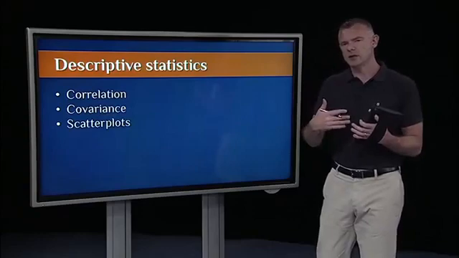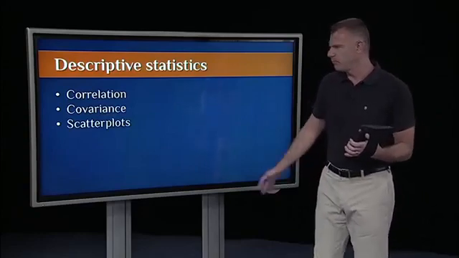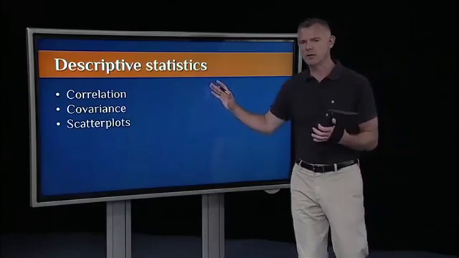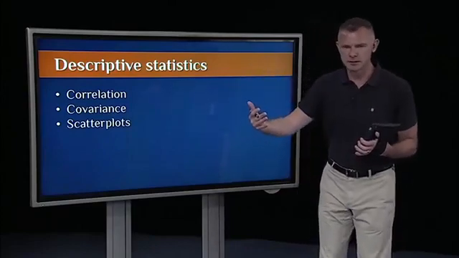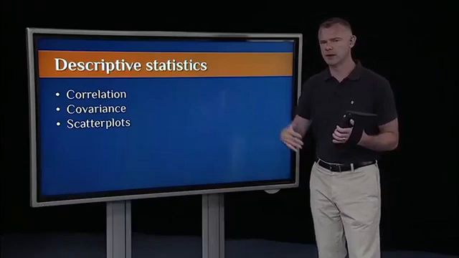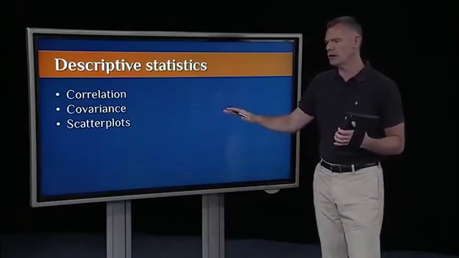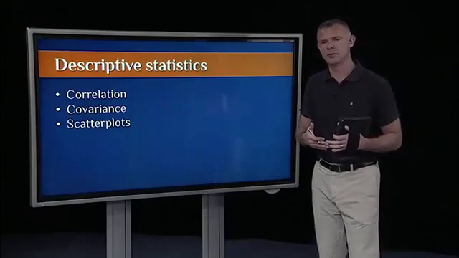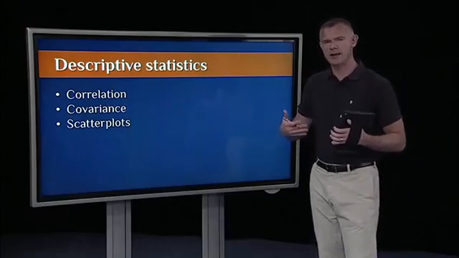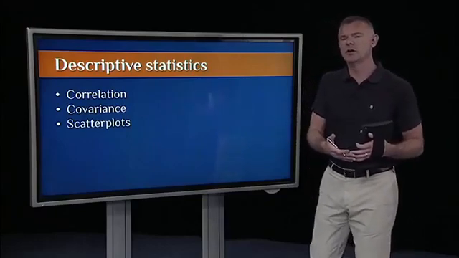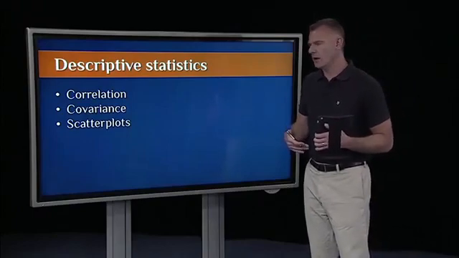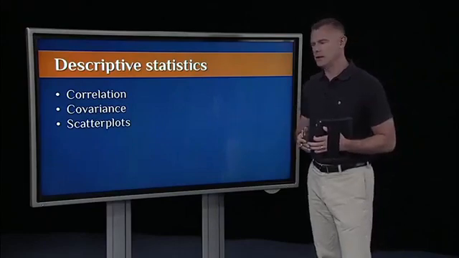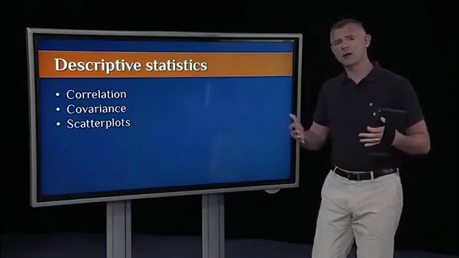We then looked at correlations, and I'm grouping this still under descriptive statistics because we didn't really talk about inferential statistics until we got to regression, right? So we talked about correlation in the context of just describing the relationship between two variables. And in that lecture on correlation, we introduced the idea of covariance and the idea of the sum of cross products.